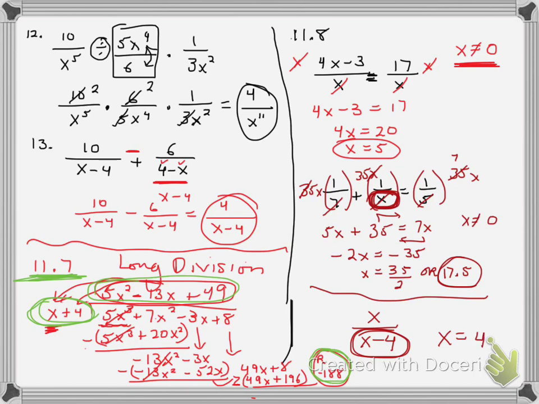Do you see how that works? So you're thinking, what would make this whole thing equal to 0? And that's what you cannot have. If it's equal to 0, we're not allowed that solution. Okay, so go back and review 11.8. If you have any more questions on that, go back to that section.